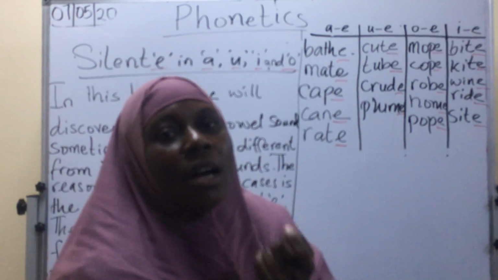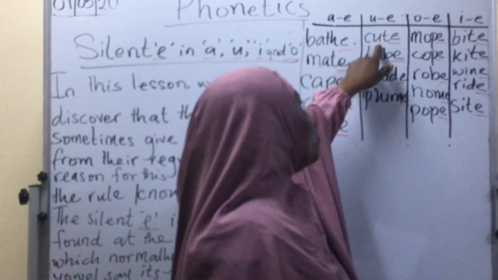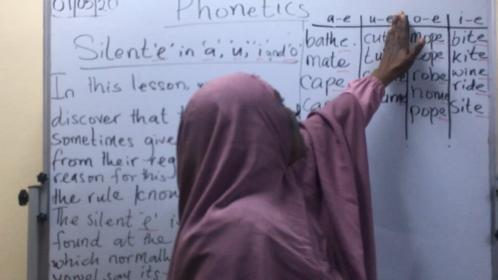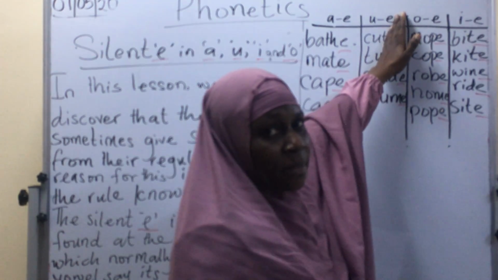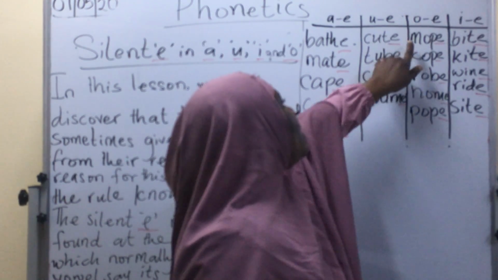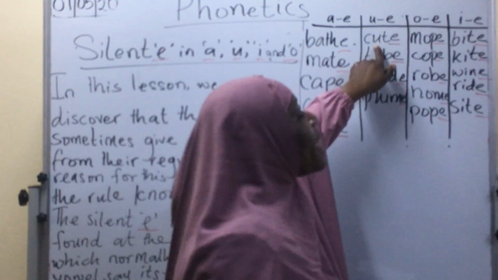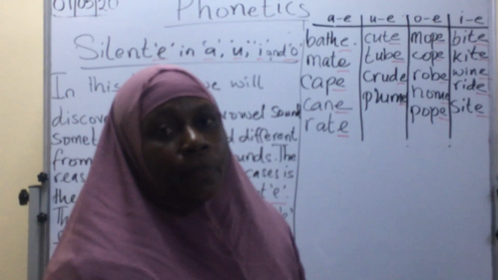It's not going to sound A as we are used to. It's going to sound U. So if we remove this E, we will have cut. Cut. But if we put the E, it will change this to say its name. So we have cute. Cute.